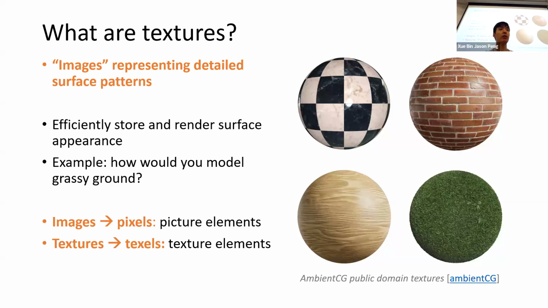But you can just think of texels as exactly the same as pixels. They're just a point on an image. So a texture is really just exactly the same as an image, but we use this different terminology in order to avoid some confusion when we are working with both images and textures at the same time. Otherwise, you can just think of textures as just an image.